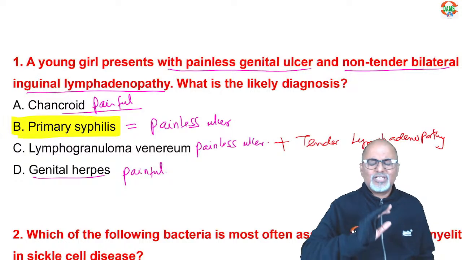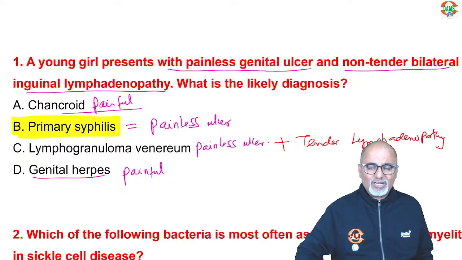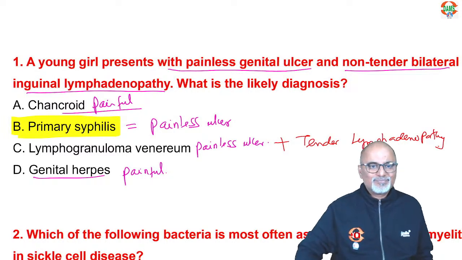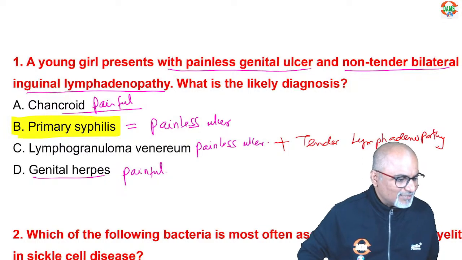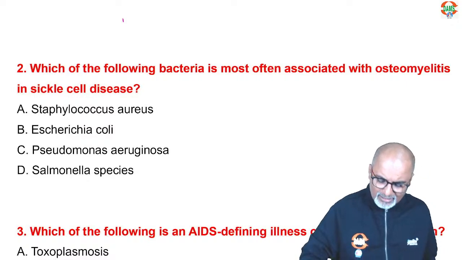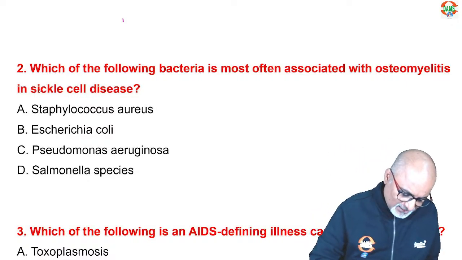So syphilis is totally painless ulcer with non-tender lymphadenopathy. Lymphogranuloma venereum, painless ulcer but tender lymphadenopathy. Got it?